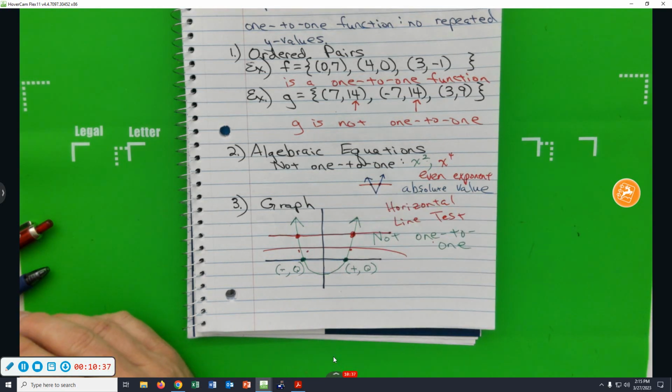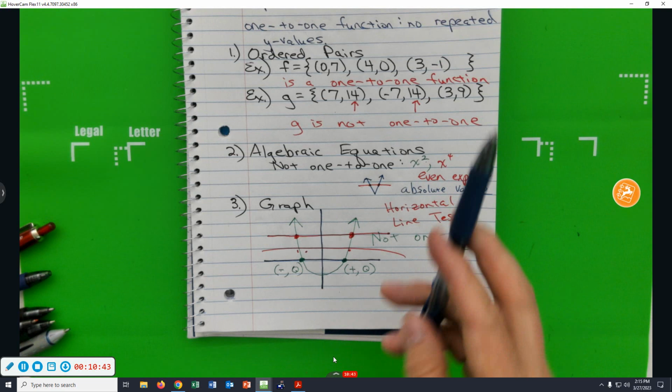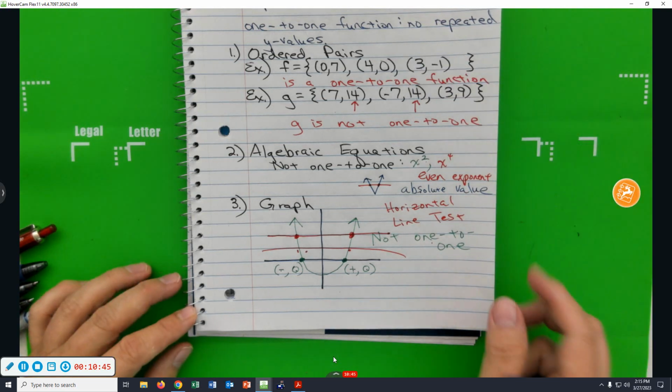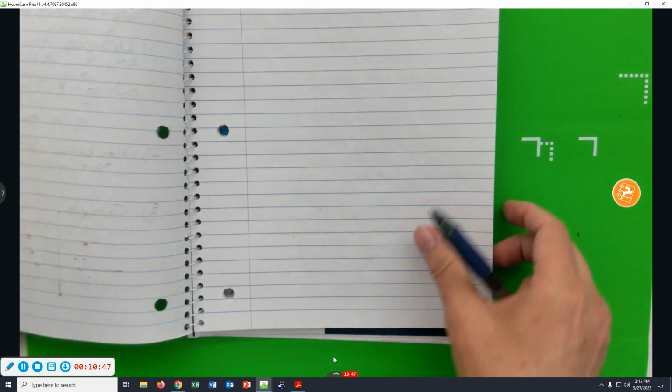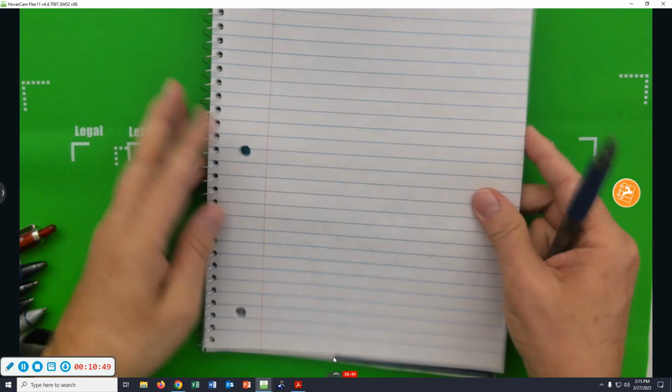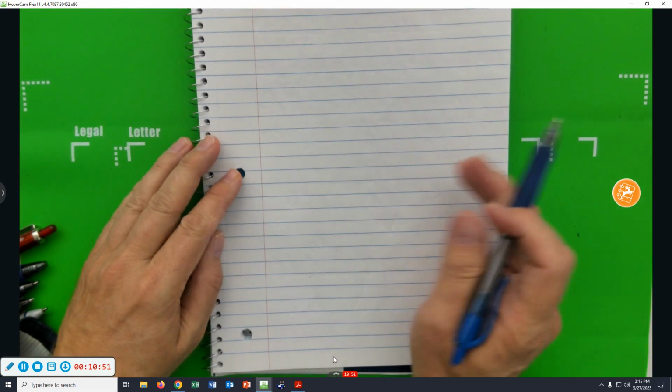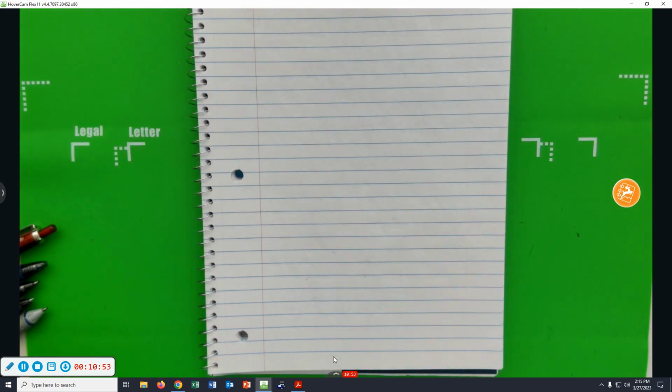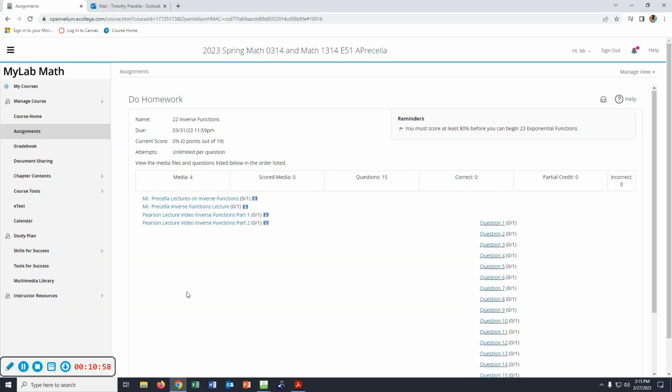And let's see. Okay. I'm going to make some other examples. I'm going to go back to this ordered pair idea for the time being. Well, before I go on, I think we'll do some problems here. The homework's going to start off very painless. This is one of those.